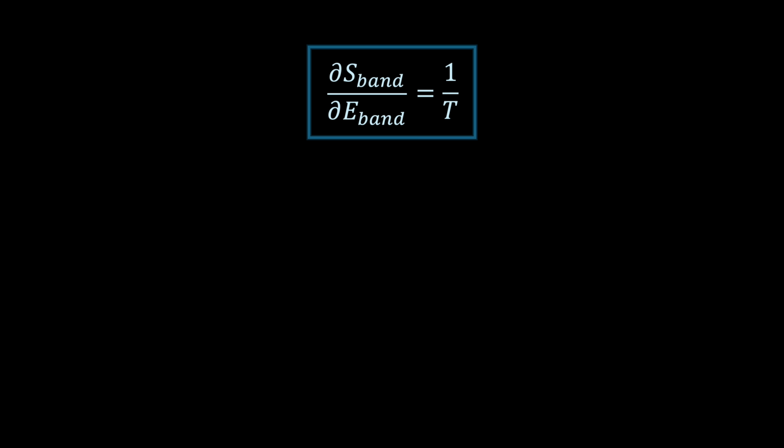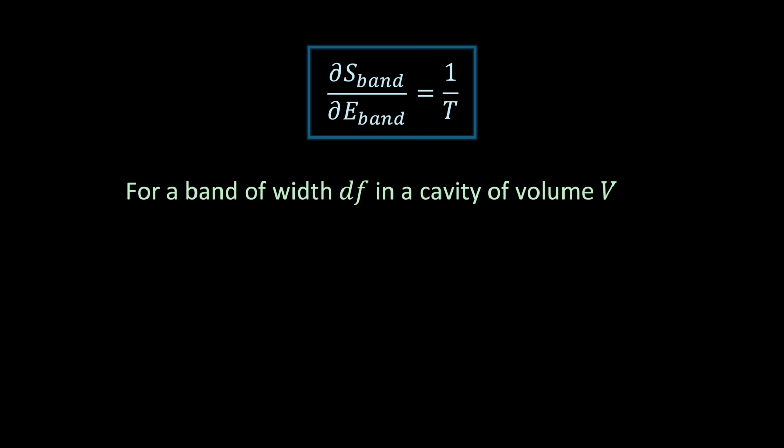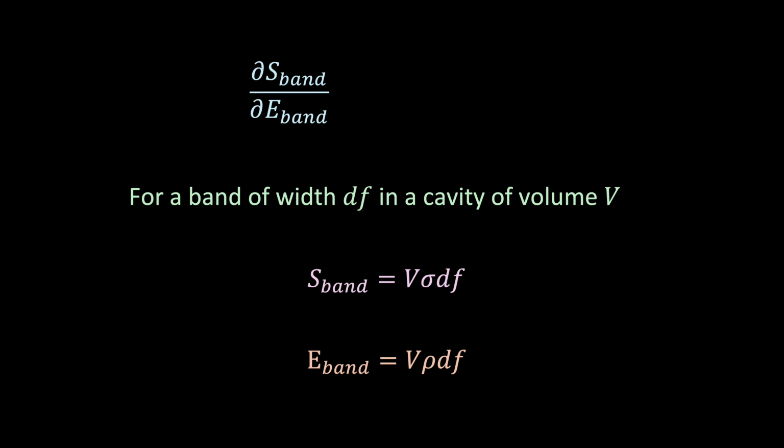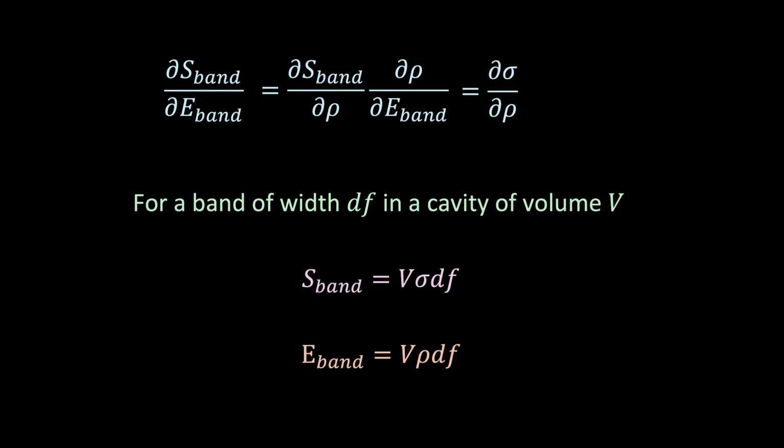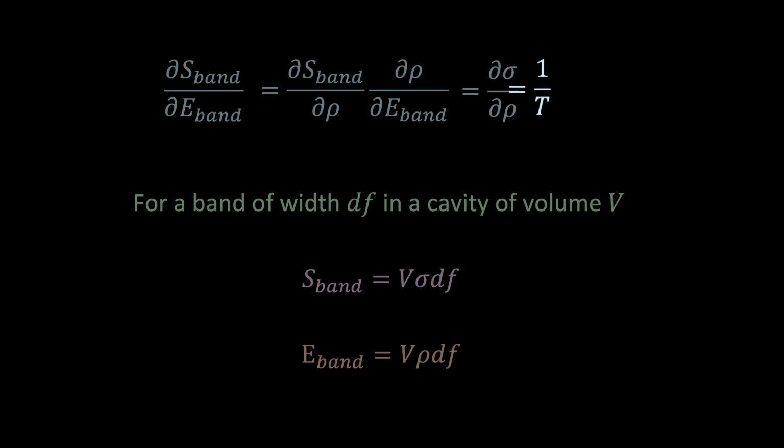Now, as we've already seen, for a frequency band of width df centered at frequency f in a cavity of volume V, the entropy and energy within the band are given by the following expressions. And so if we substitute these expressions into our derivative expression and then use the chain rule, we end up with dσ/dρ, and this is equal to 1/T.